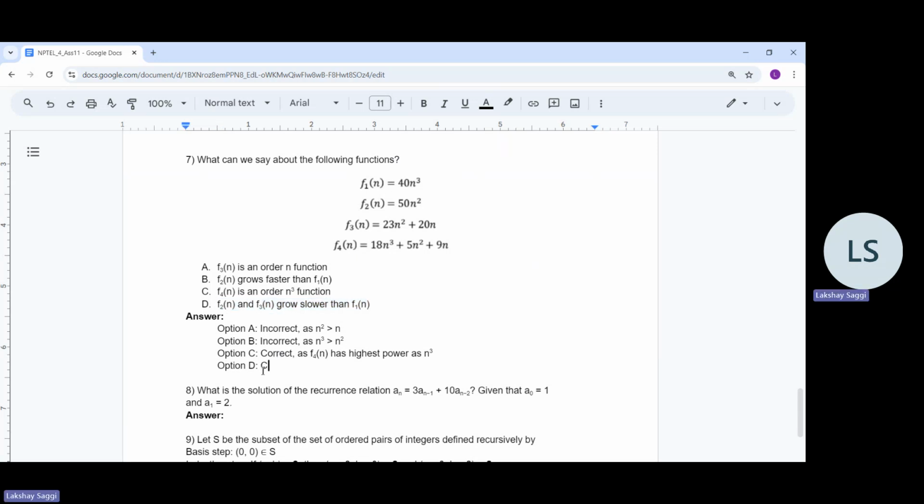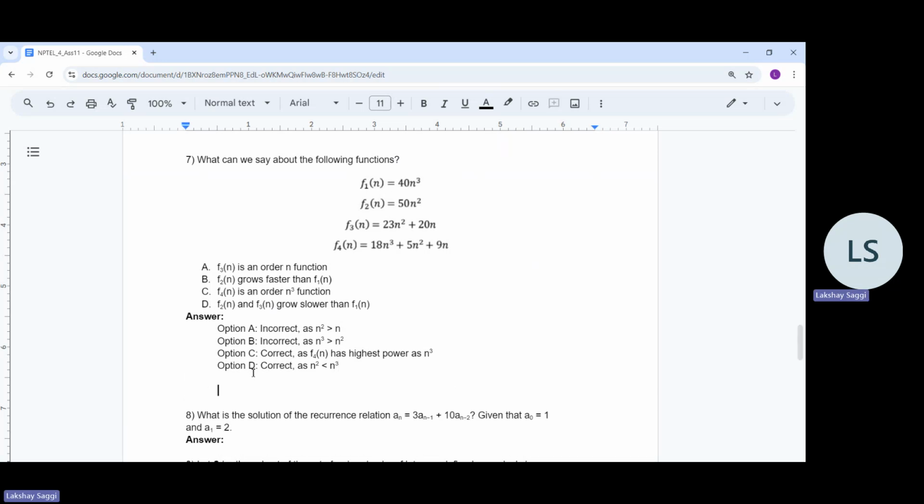This statement is also correct, as n square is less than n cube. So options C and D are correct.